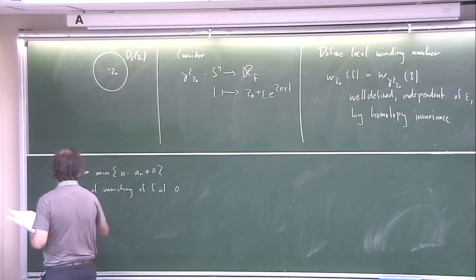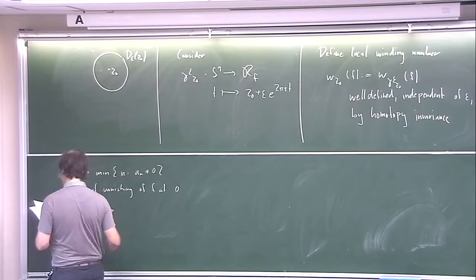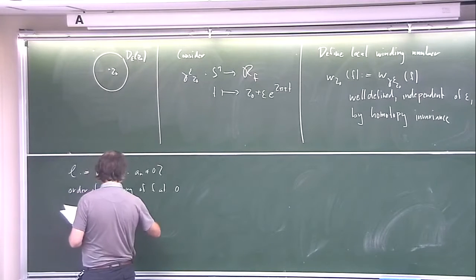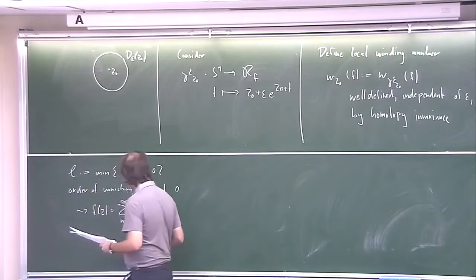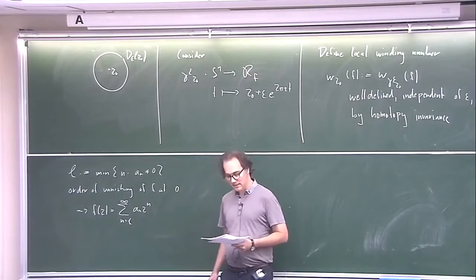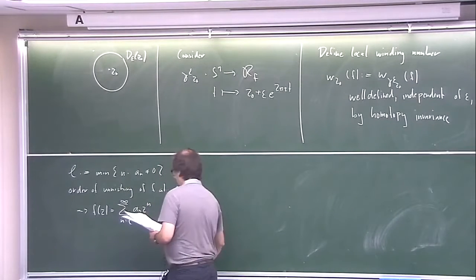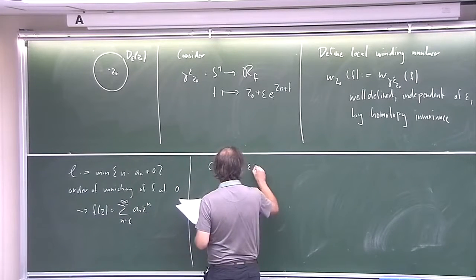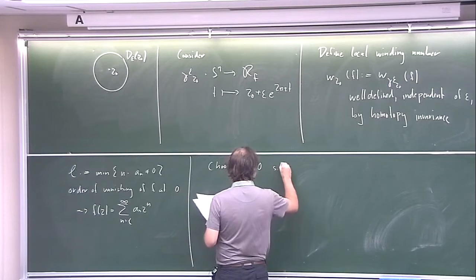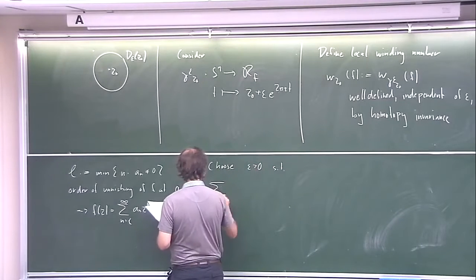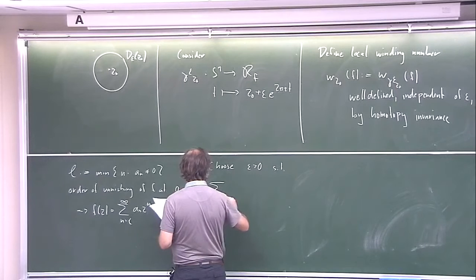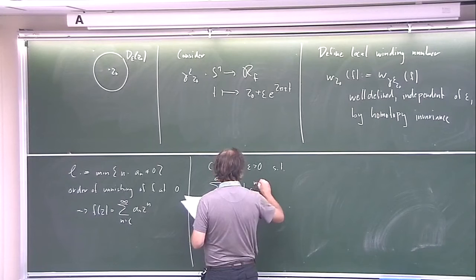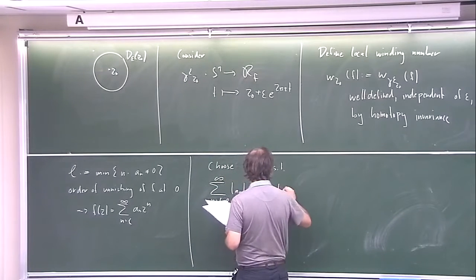So we can start the sum at L: f of z equals the sum from n equals L to infinity of a_n z^n. And this local degree is actually this L, the order of vanishing. Namely, choose epsilon bigger than 0 such that the sum from n equals L plus 1 to infinity of |a_n| epsilon^(n minus L) is less than or equal to |a_L|.